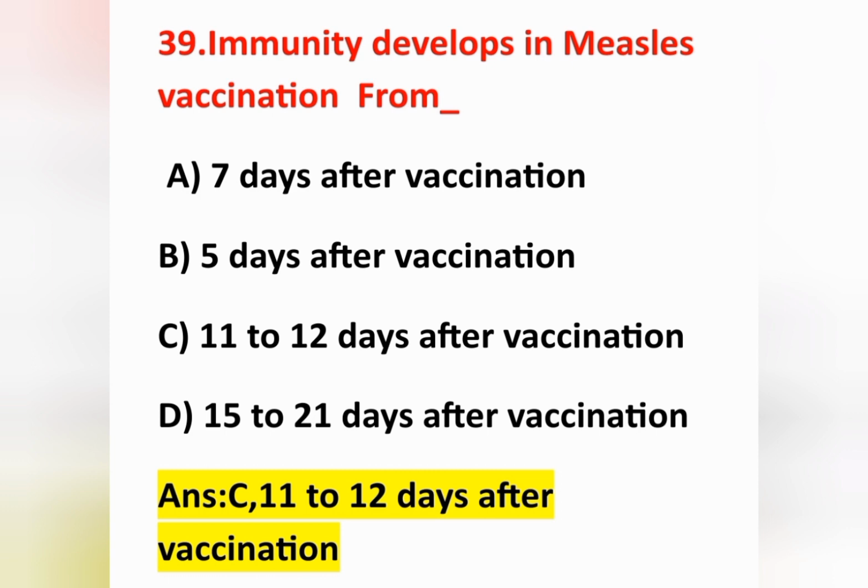In measles vaccination, the immunity develops in 11 to 12 days after vaccination. This immunity will be lifelong or long lasting, most probably. This one dose of 0.5 ml will give 95% protection to the child.